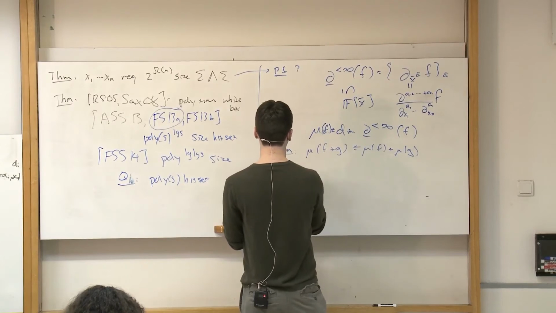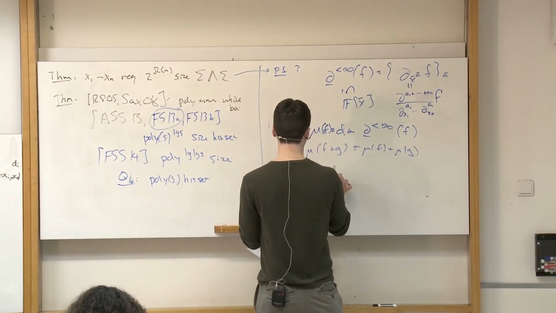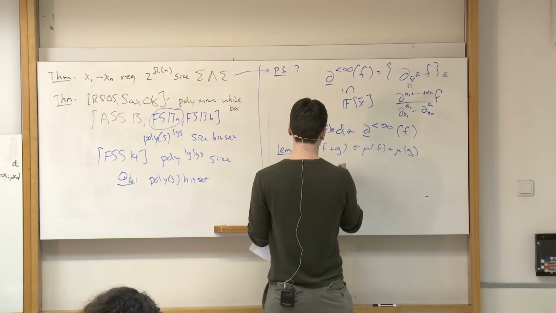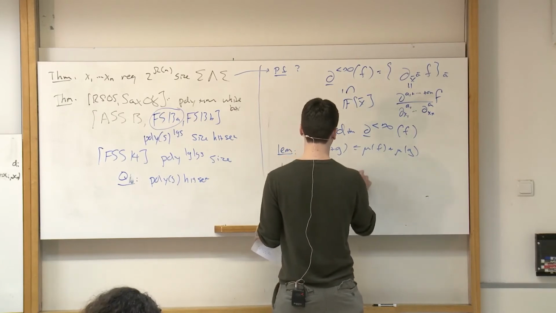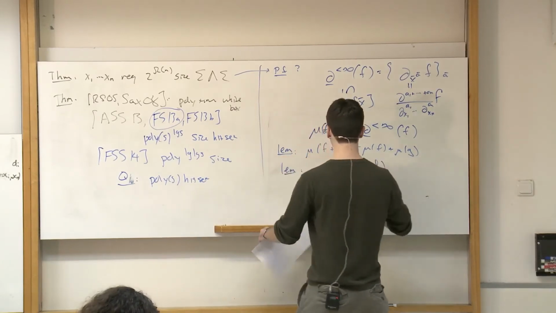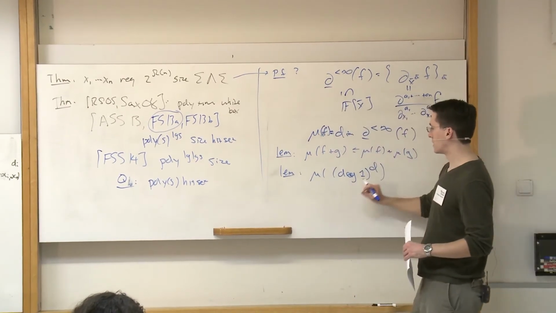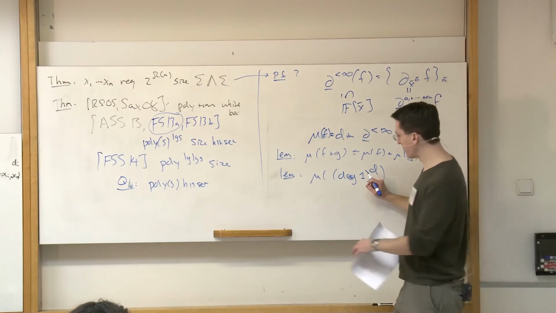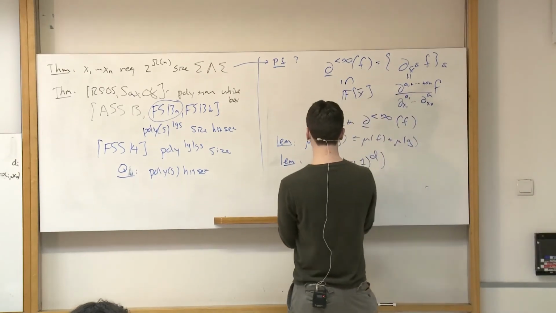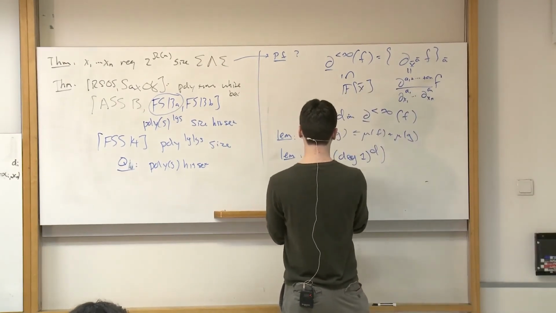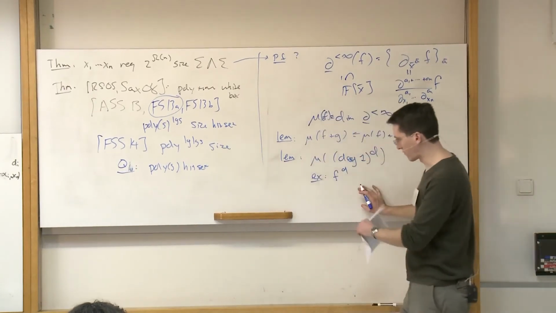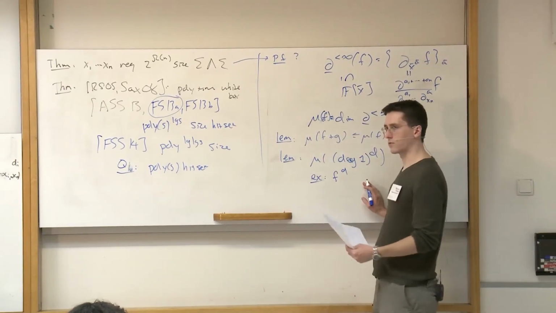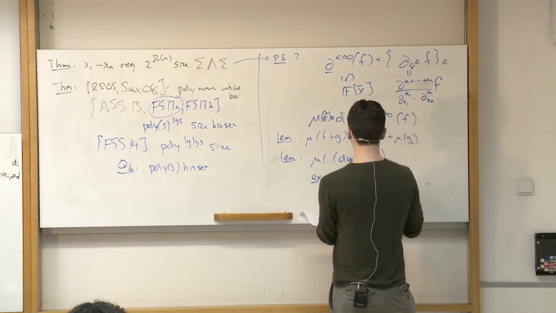What's the second lemma that Ramprasad also showed? Suppose you have a degree 1 polynomial f, and you take it to the dth power. What is the complexity measure of f to the d? What does the chain rule tell us, as Ramprasad did this morning?